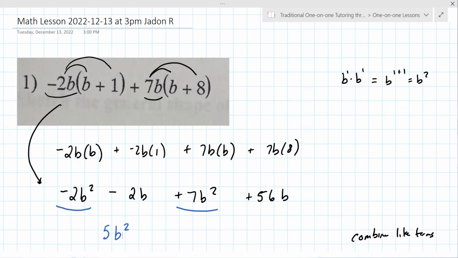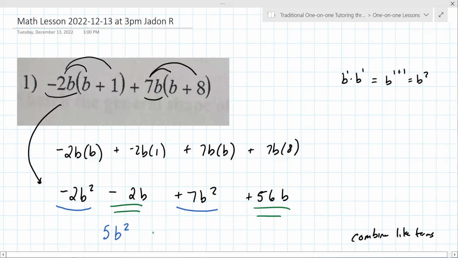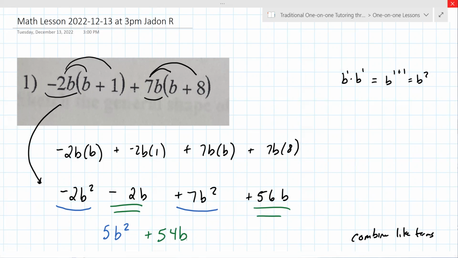And then we've got minus 2b plus 56b. Color's great. If you don't have colored pencils or a way to do that, you can underline, circle, etc. Some students cross them out as they go, but that is your final answer for that. Any questions on that? Yeah, that was pretty simple.